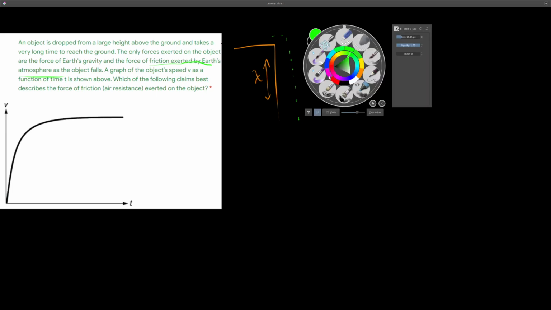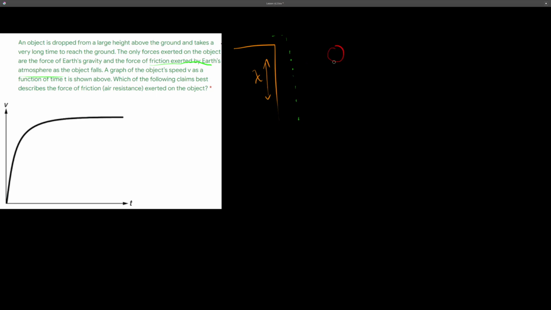So this object has, let's draw a free body diagram. It has Fg downwards, and it also has the force of friction or drag force Fs.